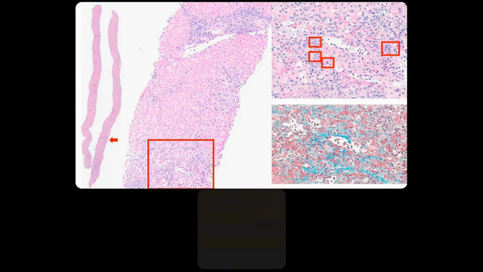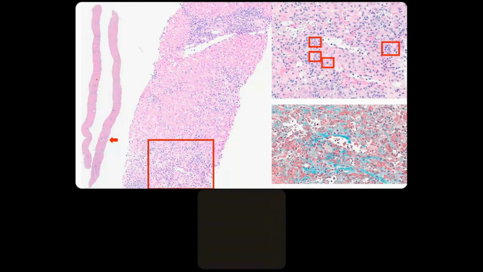Her imaging is unremarkable, but her FibroScan is elevated at 12.2 kilopascal, and all her viral serologies were negative. So at this point, a liver biopsy was performed for further evaluation to assess for the possibility of autoimmune liver disease.